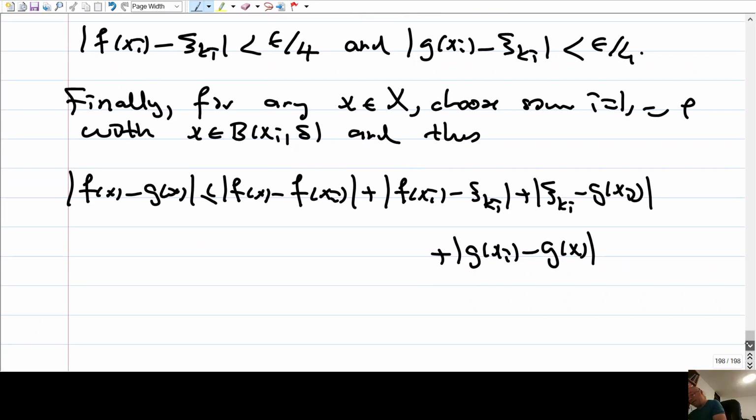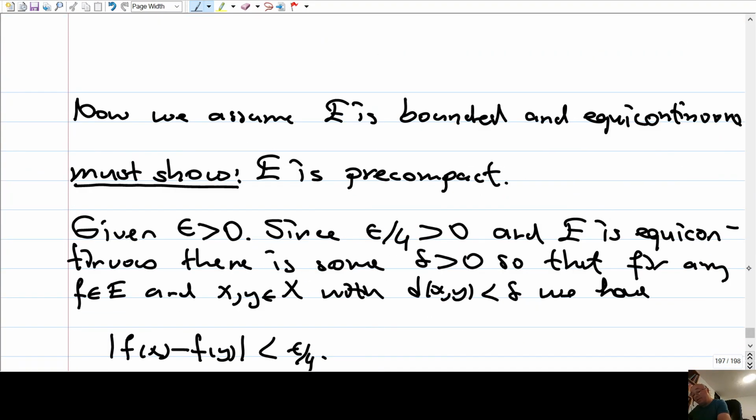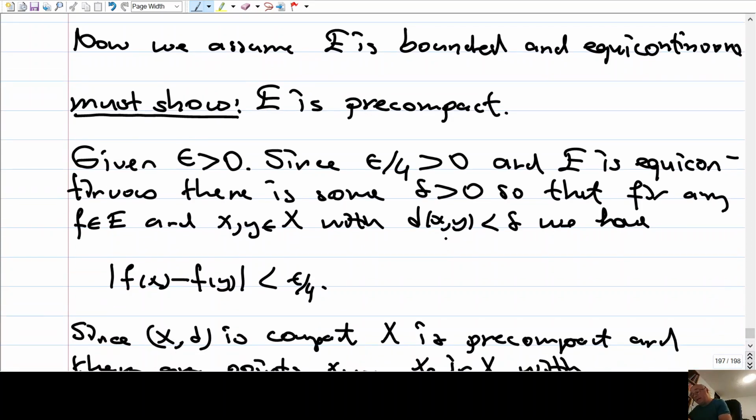Well, x and x_i are delta close to each other, and f is uniformly continuous with respect to this delta, and the distance between f(x) and f(x_i) is less than epsilon over 4. This is because whenever x and y are delta close to each other, then this distance is less than epsilon over 4.